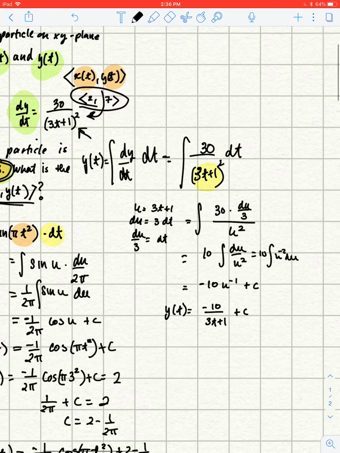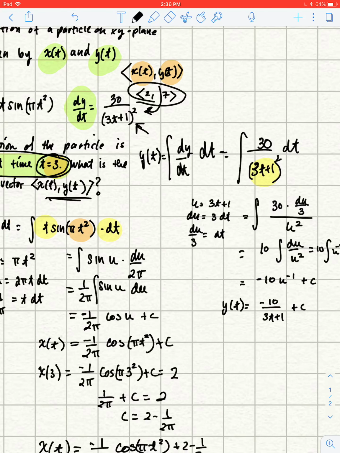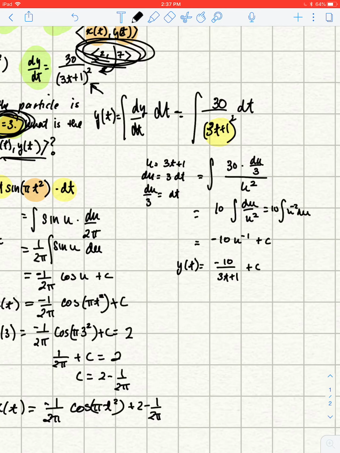It looks like that. So we go back to our point, (2, 7), when t is 3. So y of 3, plugging in 3, setting it equal to 7, and then solving.